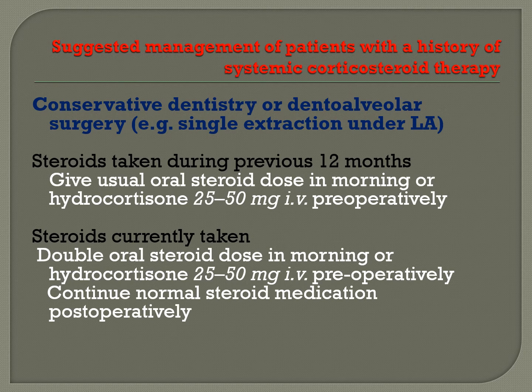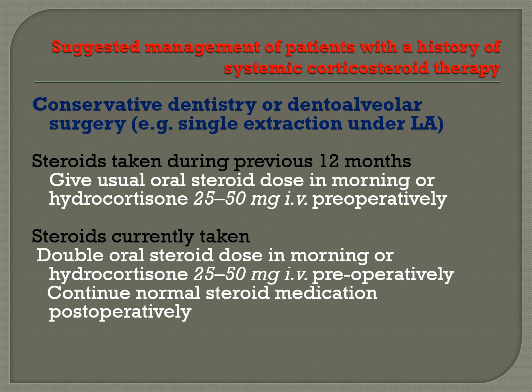Then normally you will give oral steroid, that means prednisone 10 mg in the morning, or hydrocortisone 20 to 50 milligrams IV given preoperatively. That means before the procedure we will give this medication.